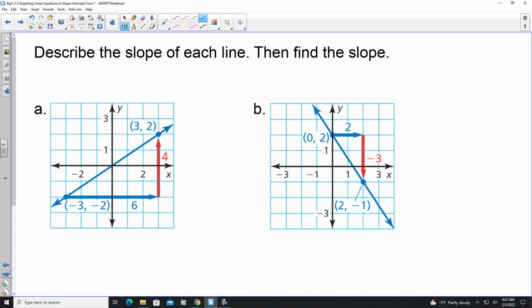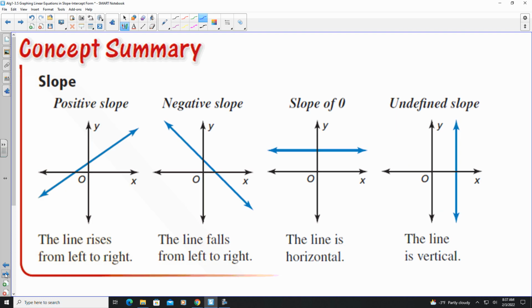So here it says describe the slope of each line, then find the slope. Describing the slope, there are actually several different things, and let's take a look here at the different types of slopes. You can have a positive slope, negative slope, a slope of 0, and an undefined slope.